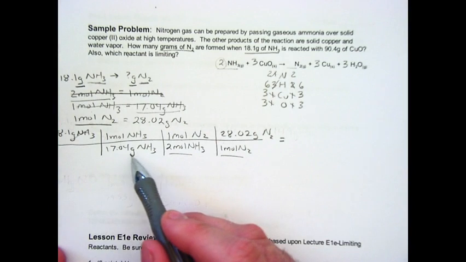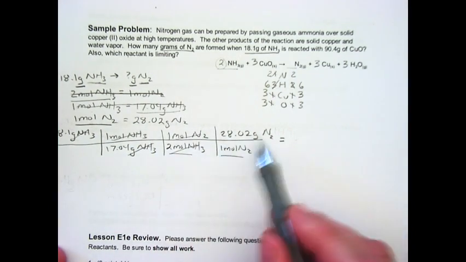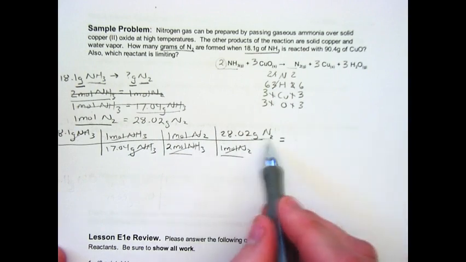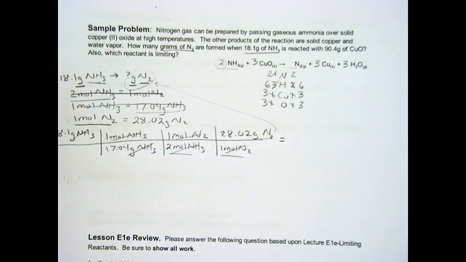Grams of ammonia, moles of ammonia, moles of nitrogen, leaves me with grams of nitrogen, which is exactly where I want to end up.